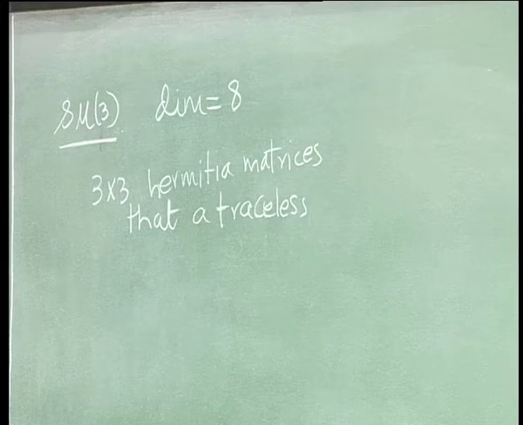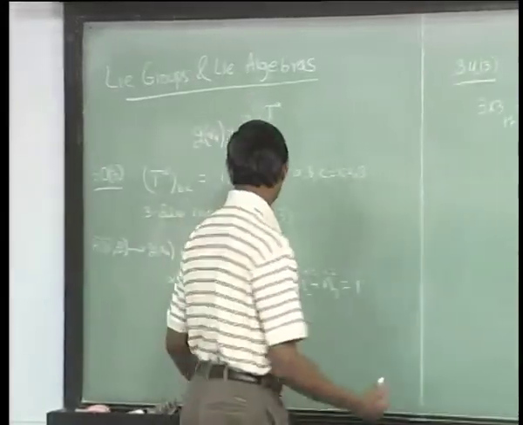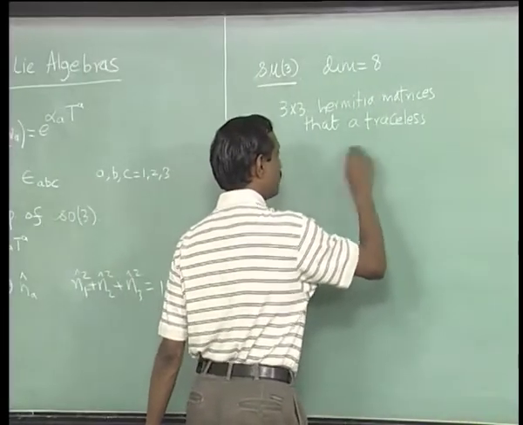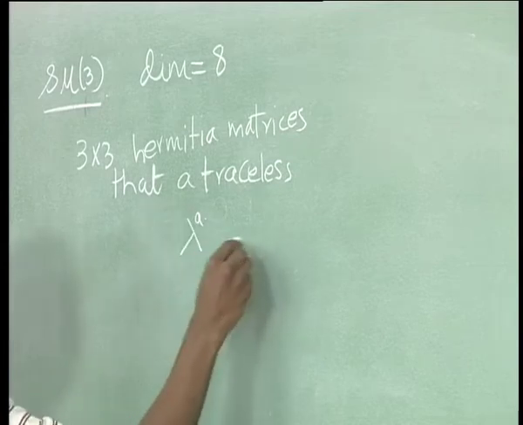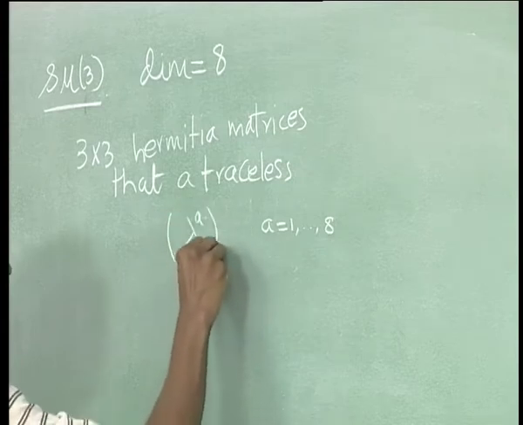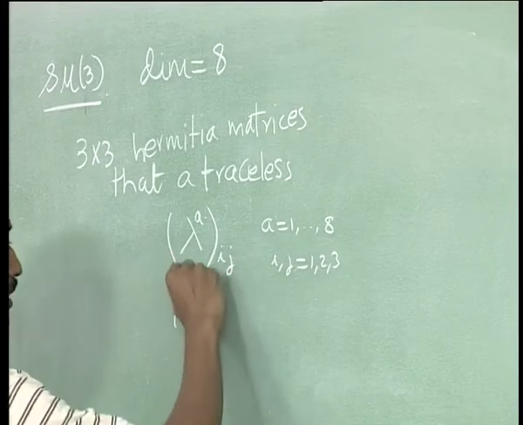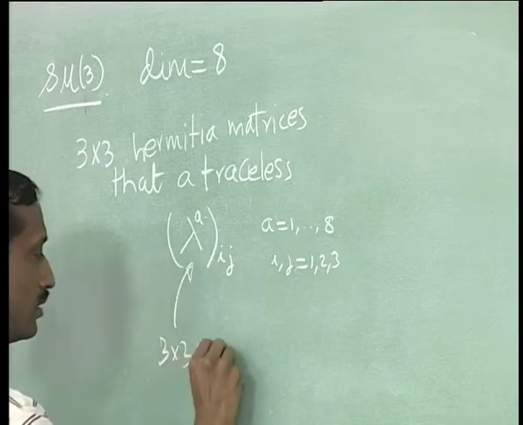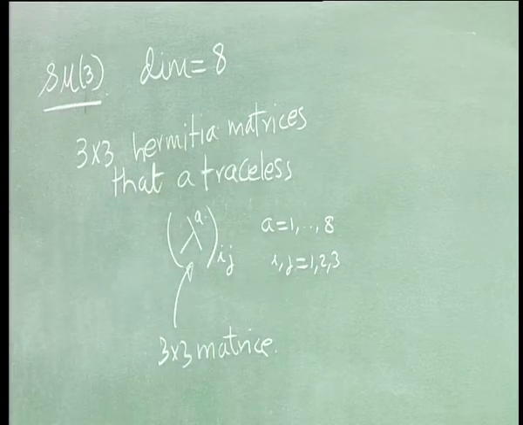So the dimension will be 8 and you need to choose some bunch of 3 by 3 matrices. Instead of calling them T^A, I will just call them lambda^A. A runs from 1 to 8, but there will be some ij index, where i and j run from 1, 2, 3. So these are some 3 by 3 matrices that satisfy this property, which will form a basis for this space.